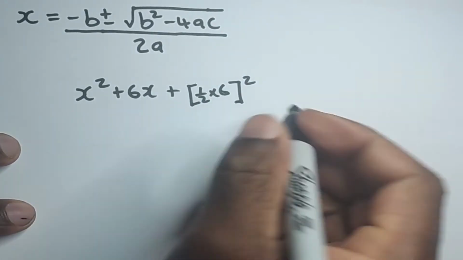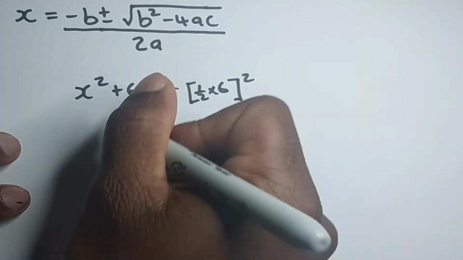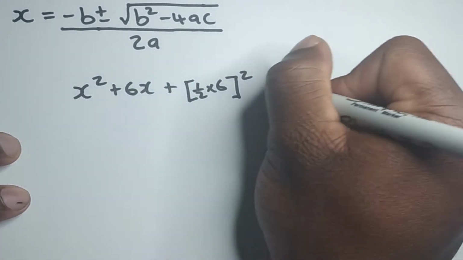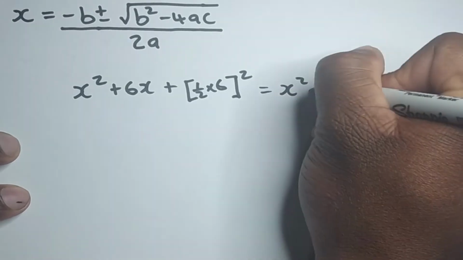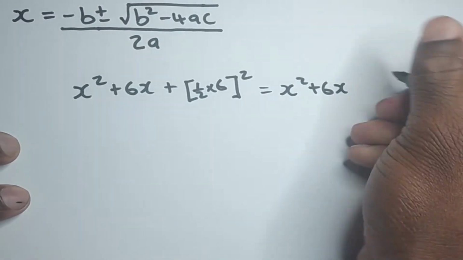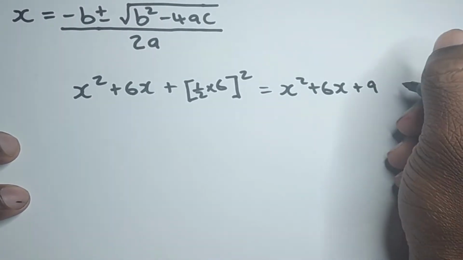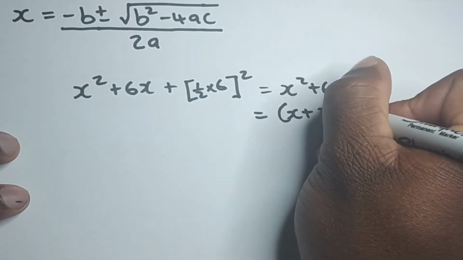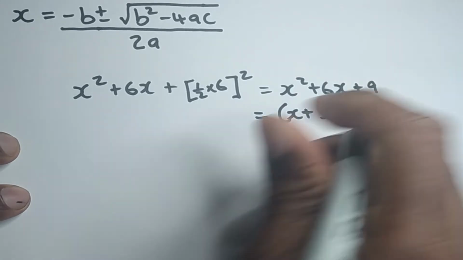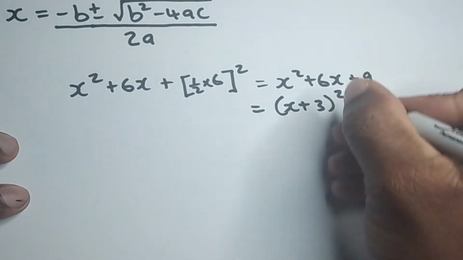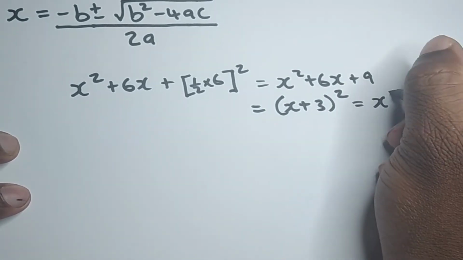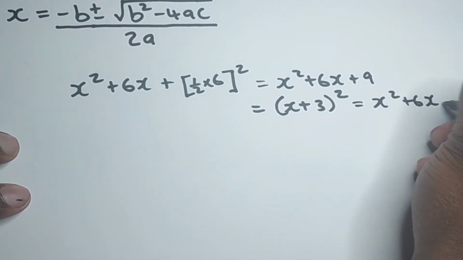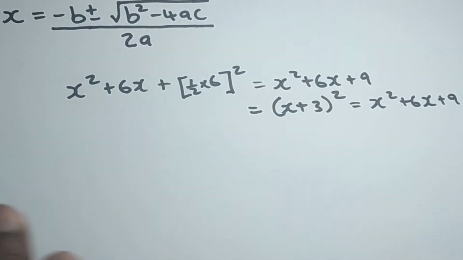This would give me a perfect square. So this is the same thing as x squared plus 6x plus 9, and we know this is the same thing as x plus 3 all squared. If you expand x plus 3 all squared, you will obtain x squared plus 6x plus 9.